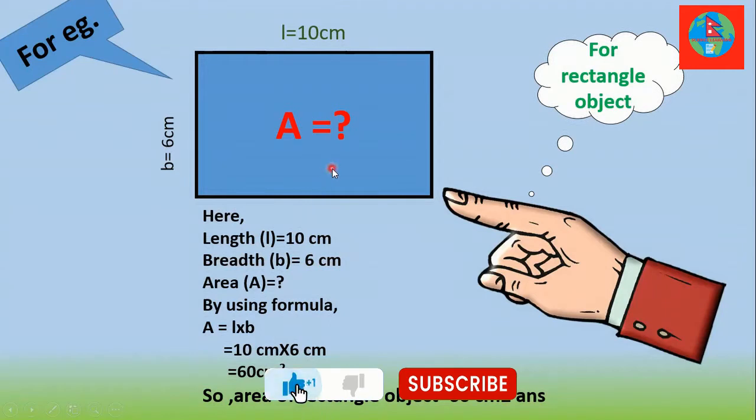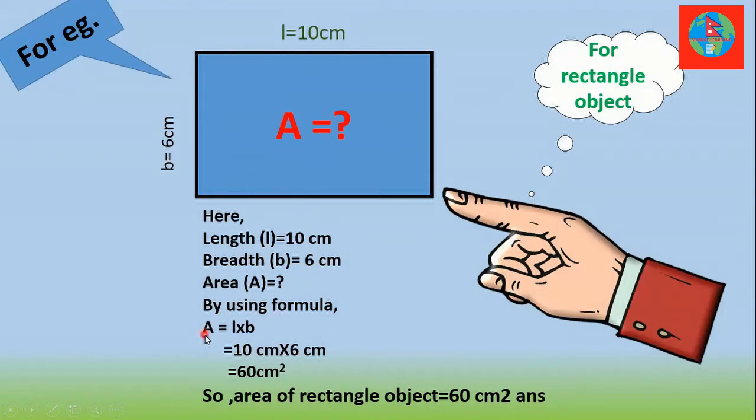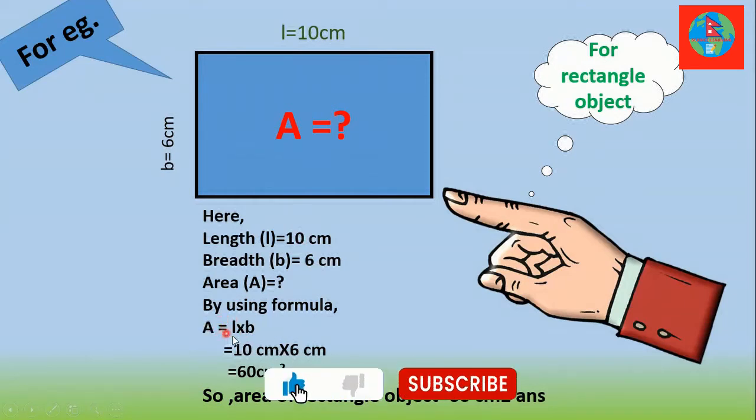Then we find the area of this object, by using the formula A equals L into B.